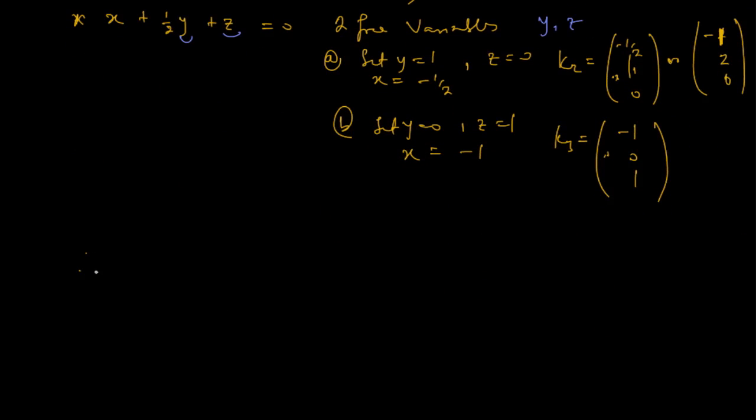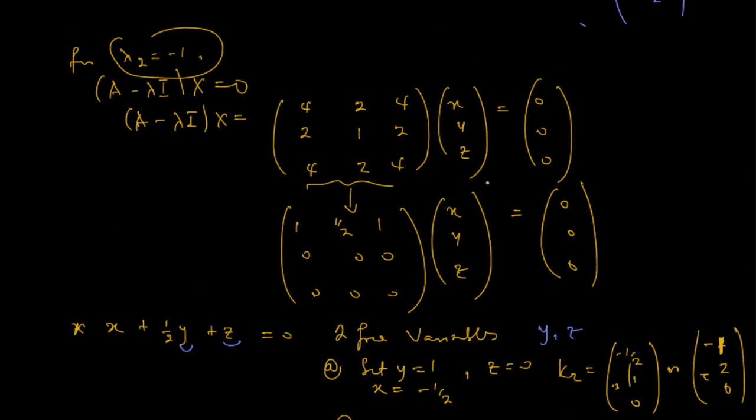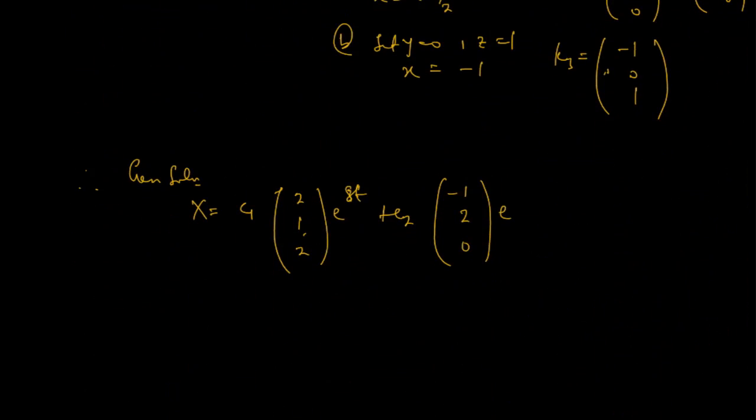Therefore, the general solution of the system is x equals c1 times (2, 1, 2) e to the power 8t, this is the eigenvector that corresponds to lambda equals 8 that we obtained above, plus c2 times (-1, 2, 0) e to the power -t, the first eigenvector that corresponds to lambda equals negative 1, plus c3 times the other eigenvector that corresponds to negative 1, e to the power -t.